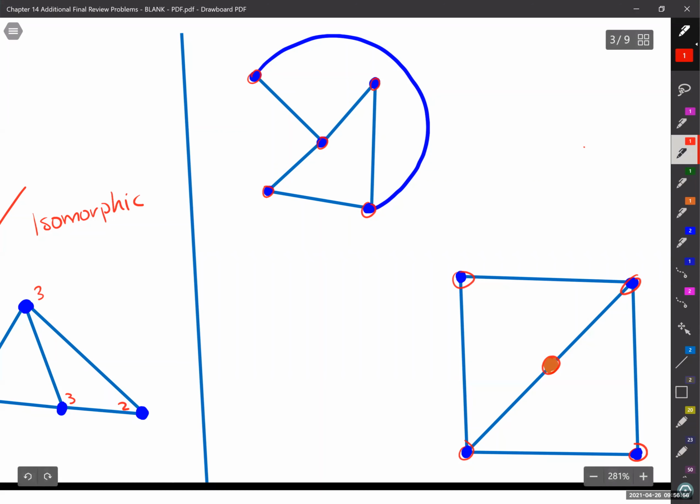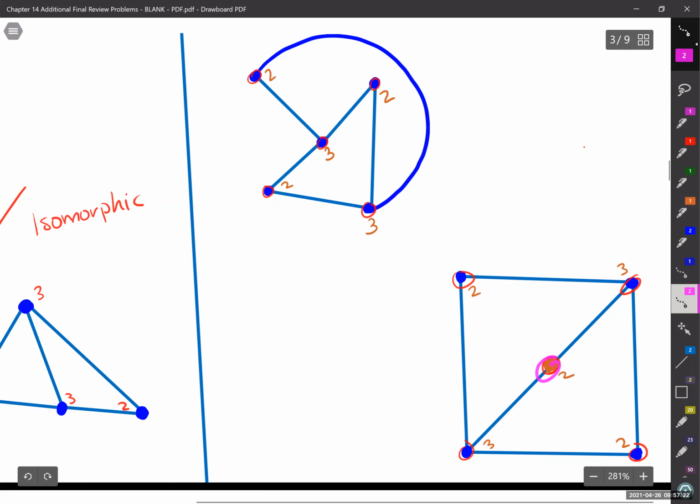Now both of these have 5 vertices. They each have 1, 2, 3, 4, 5, 6 edges. Meets the basic criteria. Then we do a degree comparison. Degree 2, degree 3, degree 2, degree 3, degree 2. So let's check.